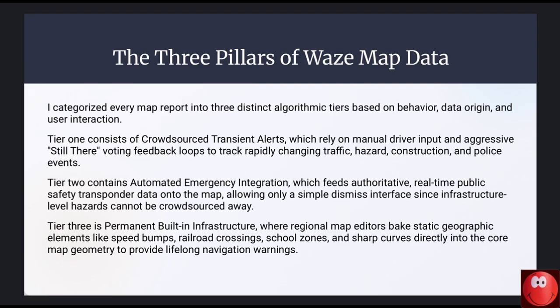Because this represents verified ground truth, the app completely locks out public voting, and you can't vote an ambulance off the map. So the interface only offers a simple close button to clear your screen view.